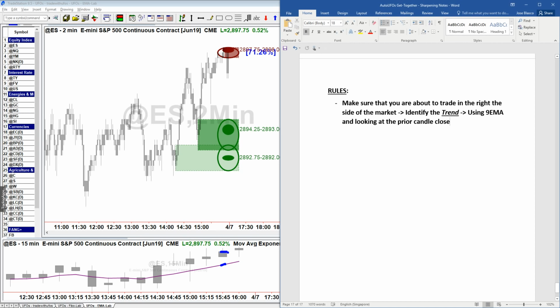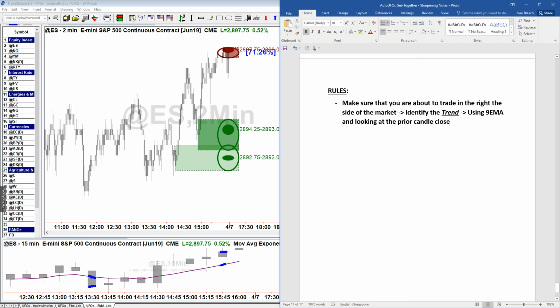And if the prior close is above the average, you would simply call this an uptrend. And if the prior close is, like here, below the average, you would simply call that a downtrend. And there is nothing else to think about.